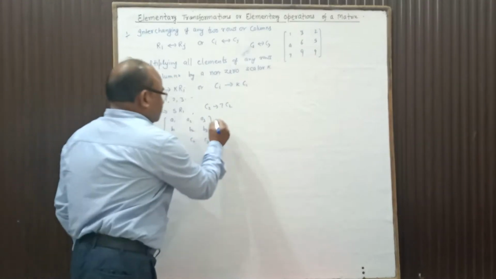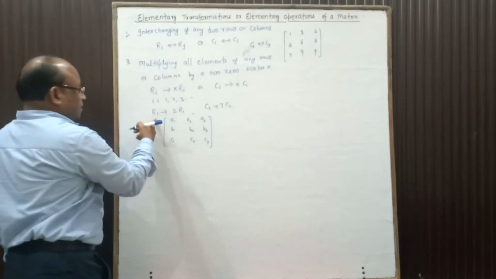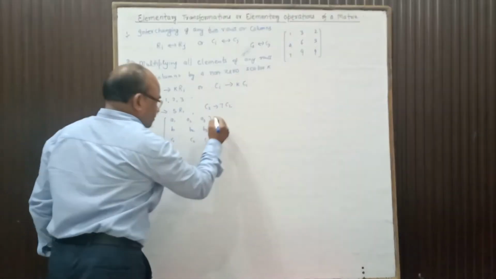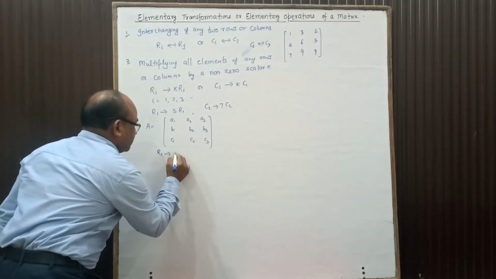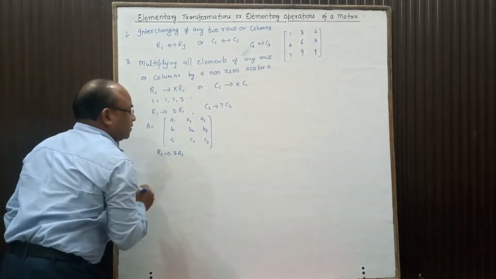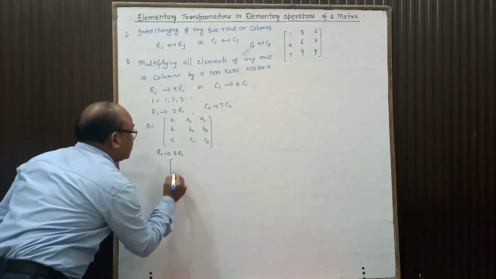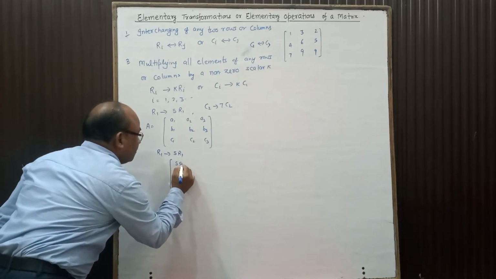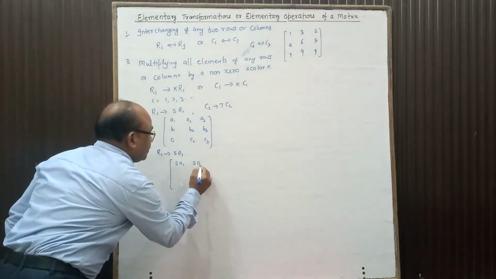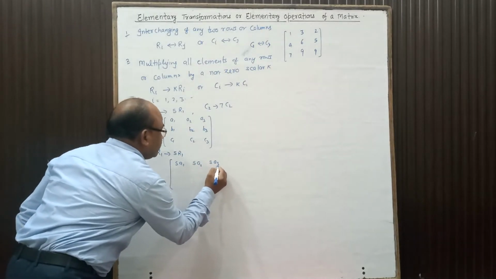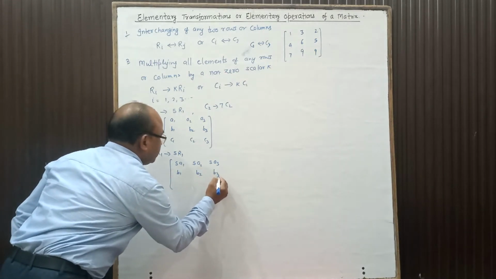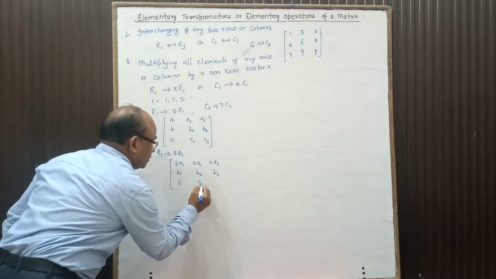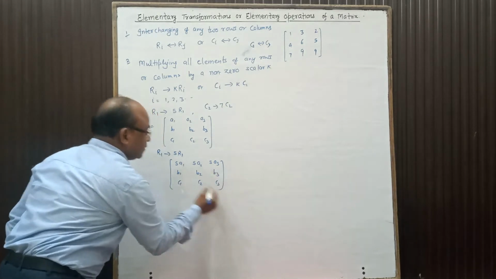And if we say R1 is replaced by 5R1, then we get 5A1, 5A2, 5A3, B1, B2, B3, C1, C2, C3.